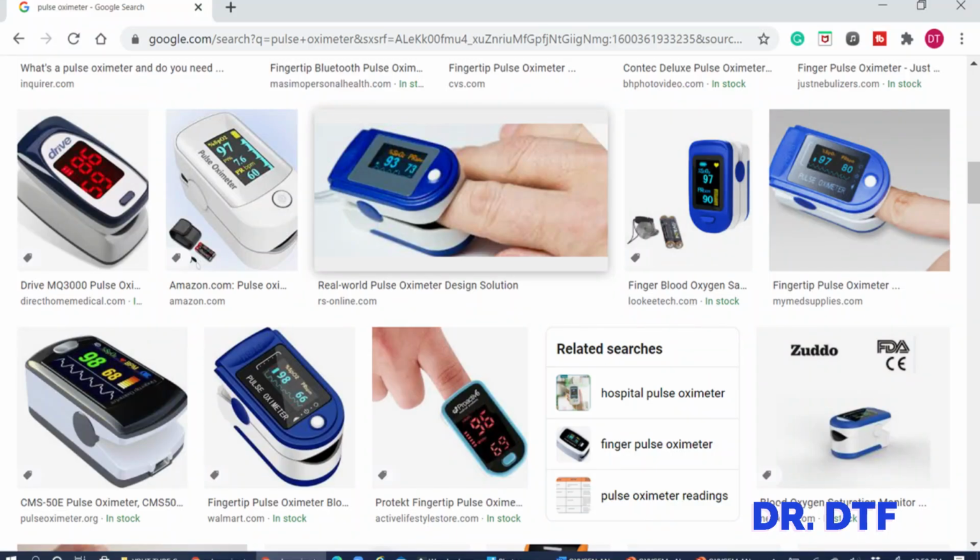One of the questions that often comes up is, should you have a pulse oximeter? Generally I would say yes, but of course there are different types of pulse oximeters available. Some are very basic and some may not be as accurate. A good rule of thumb is, if you get one, you could take it with you to your medical provider and do a side-by-side comparison to see what your oxygen saturation is compared with their instrument.